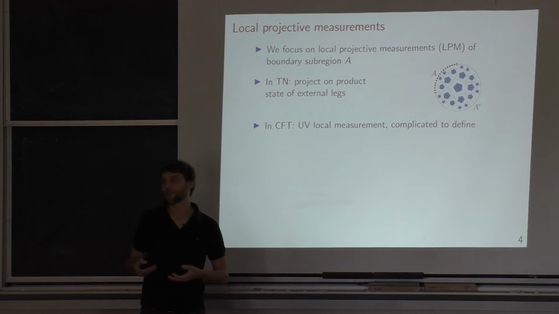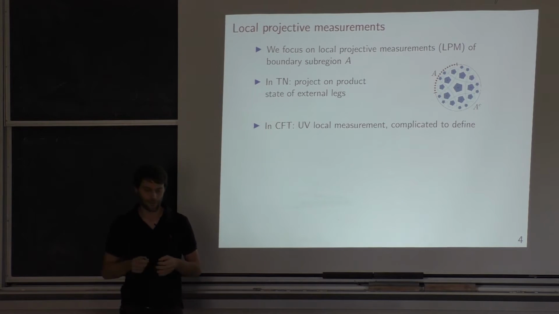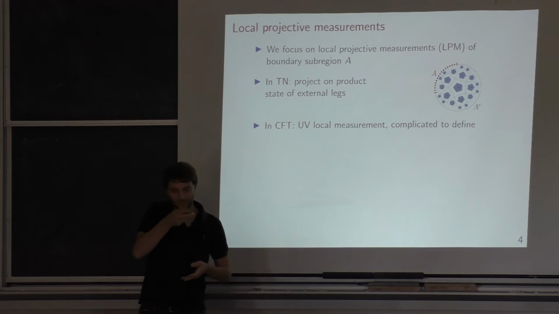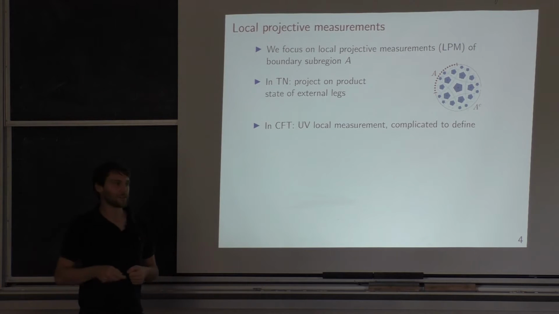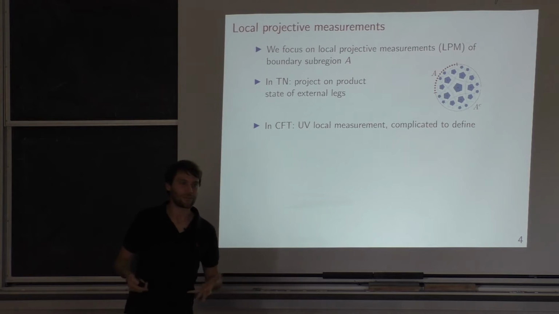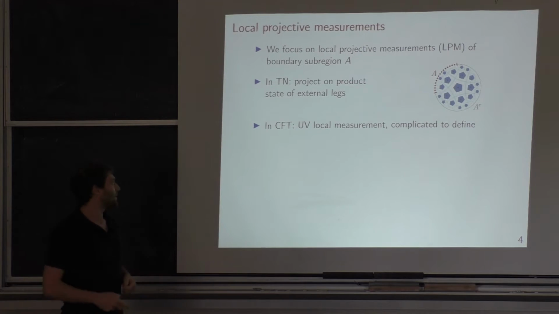Intuitively, it's a very UV operation, because what you do is essentially take this idea of measuring each external leg and then take a continuum limit. So you're essentially trying to measure each point of the CFT in subregion A on some specific state, which is clearly not very easy to define.